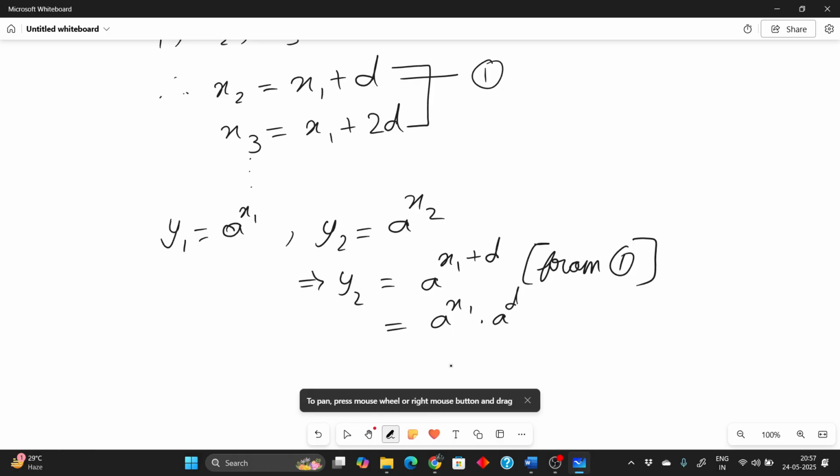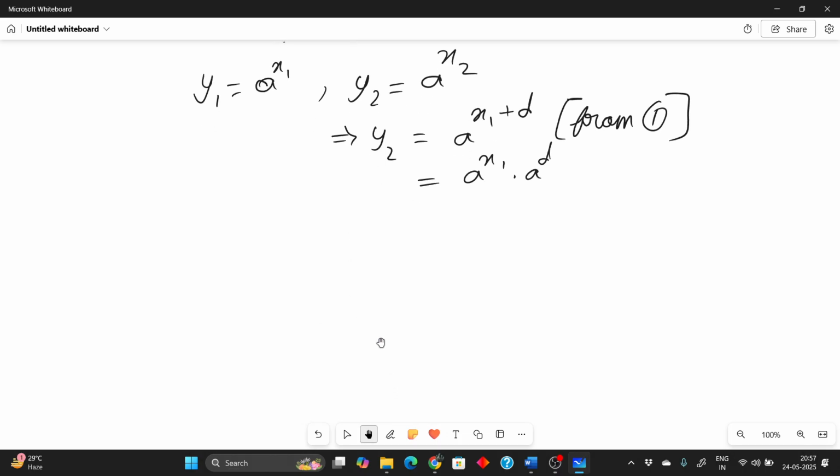Okay, now once again, if we write y3, we'll get a to the power x3. Now this can also be written as a to the power x1 plus 2d.